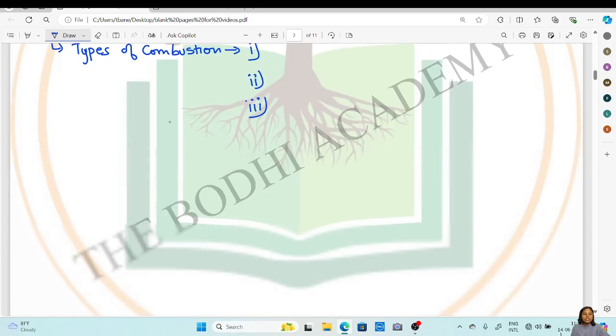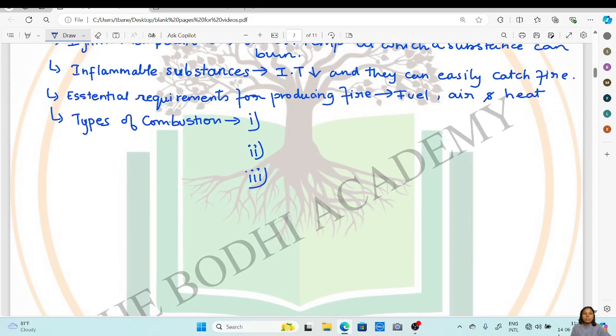Lastly, we learned about the types of combustion. First we had rapid combustion, we had spontaneous combustion, and we had explosions.